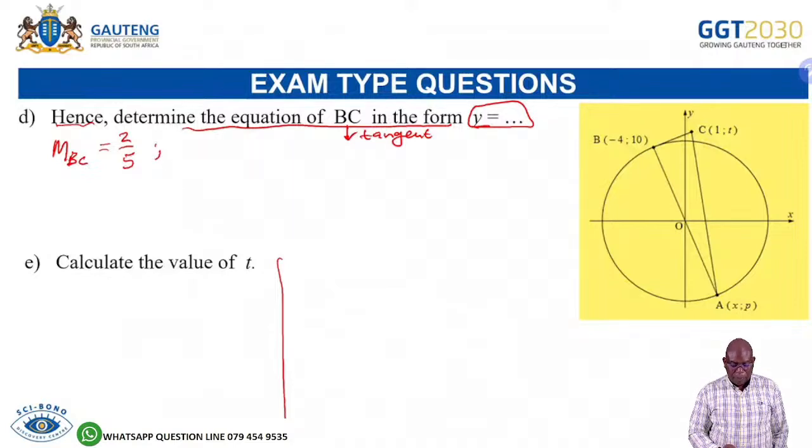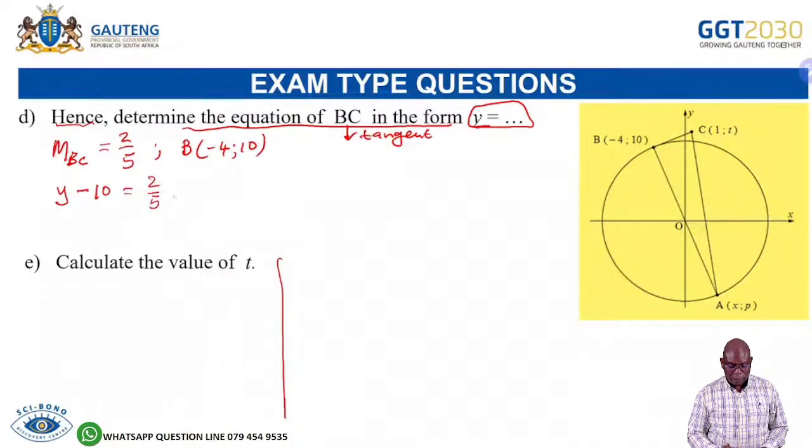I've got the gradient, which is 2 over 5, no problem. I have the point, which is -4, 10. I prefer writing it like this, so that then I know what is the gradient, what is the point that I'm working with. So y minus, I'm just going to do it quickly, I'm not going to write down the formula now. It's y minus 10 equals to the gradient, which is 2 over 5, into x minus minus 4.